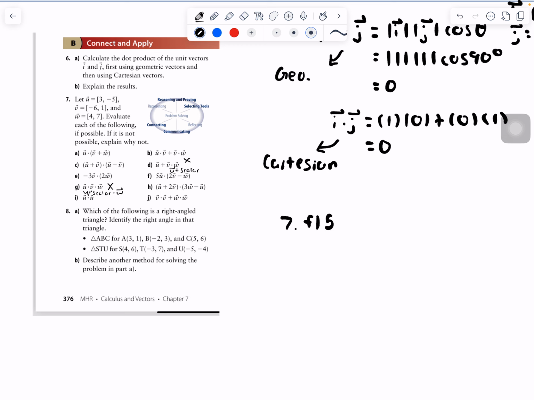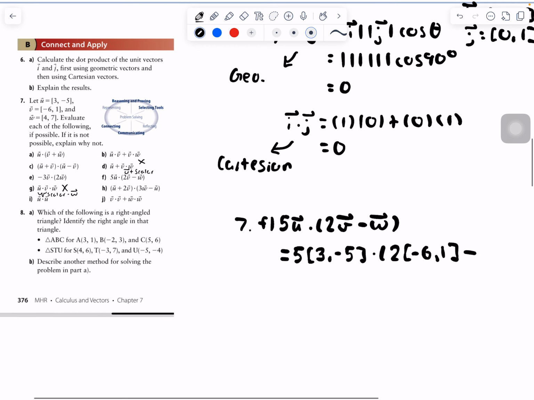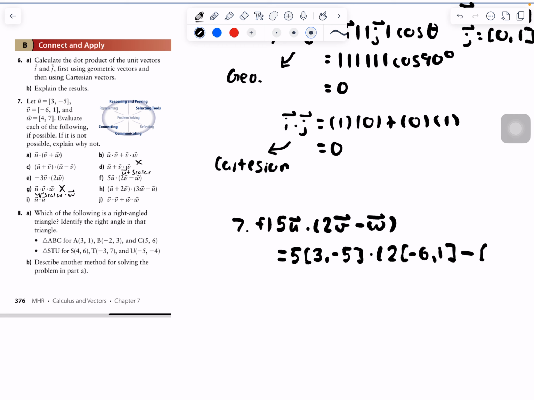So we have 5u dot 2v minus w. Okay, so we have 5 times the vector u, which is 3, negative 5, dot 2 times the vector v, negative 6, 1, minus w, 4, 7.